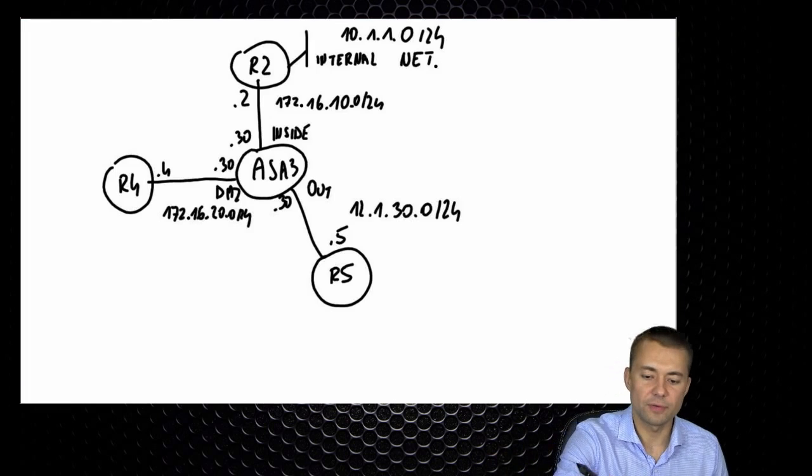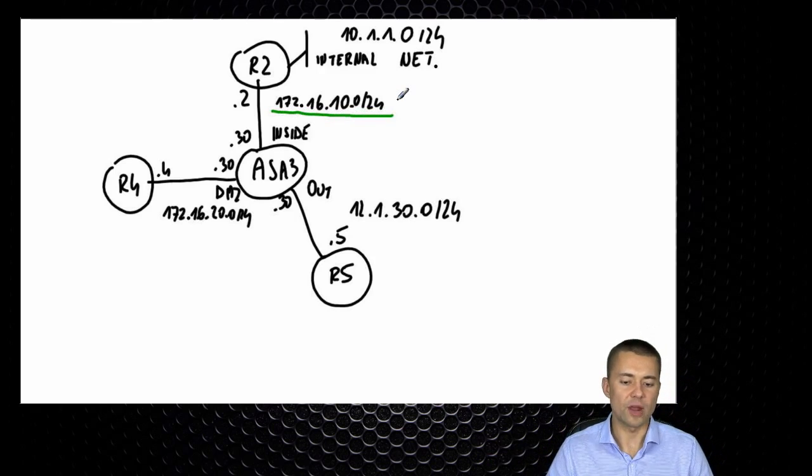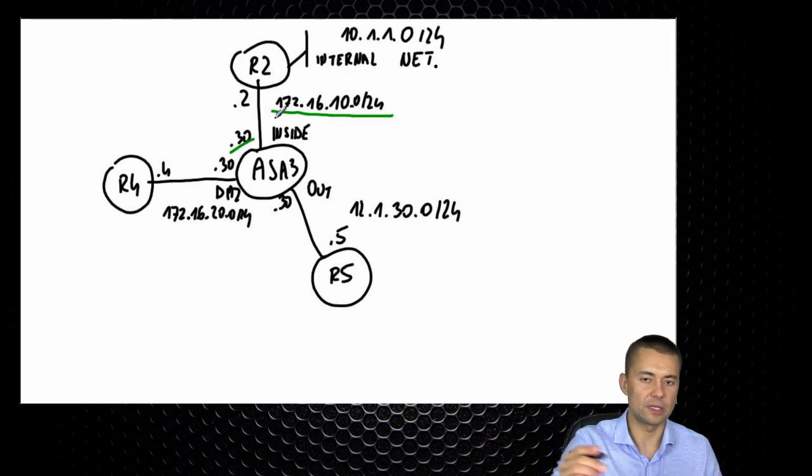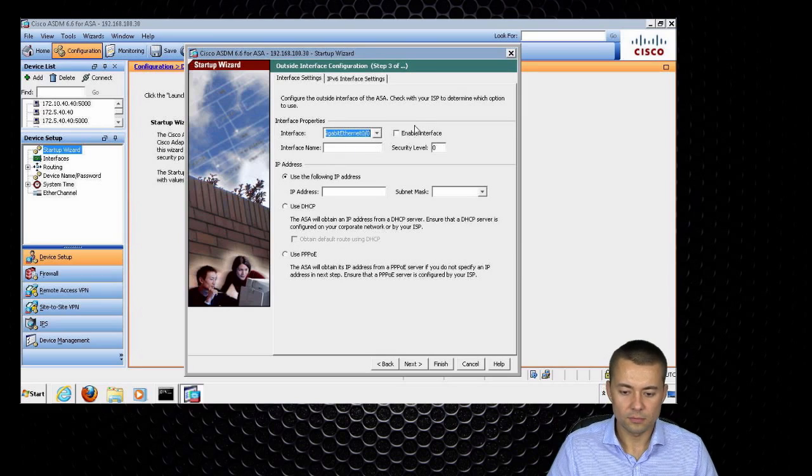So it's going to be something from this 172.16.10.0/24 range, and specifically I'm going to assign that 30 in the 4th octet. Okay, so the first thing I want to assign is an IP address, 172.16.10.30/24.